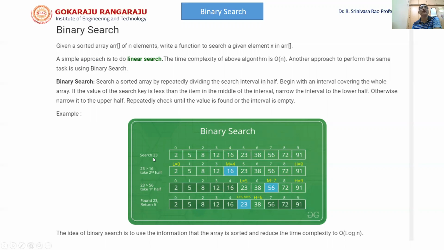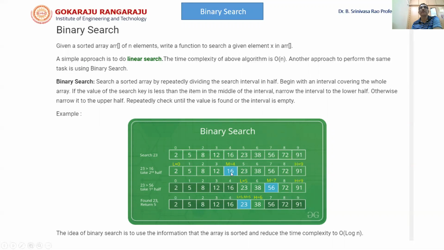Now whatever element we are searching, first that element is compared with the middle index element. If there is a match, then immediately we get the success and we say that the search is successful. Simply with one comparison we are getting the success. The other possibility is that the value may be either less than or greater than.